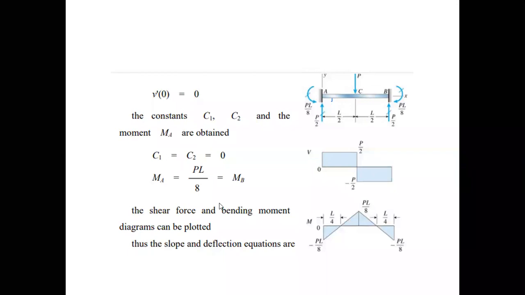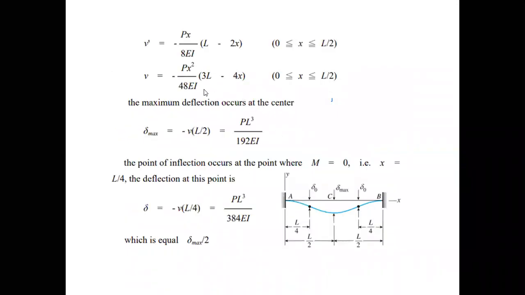Now, in this way, delta max will be at the center, and on putting the value of L by 2 over here, it will give PL cube by 3. In place of x, we will be putting the value L by 2. So on putting the value, V dash will be equal to PL cube upon 192 EI.